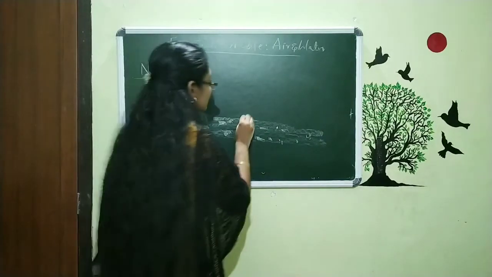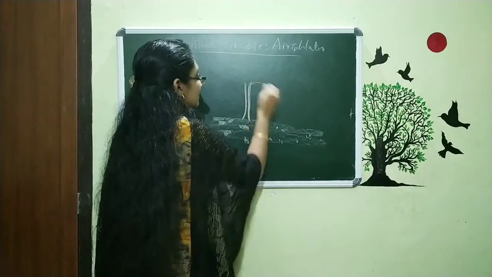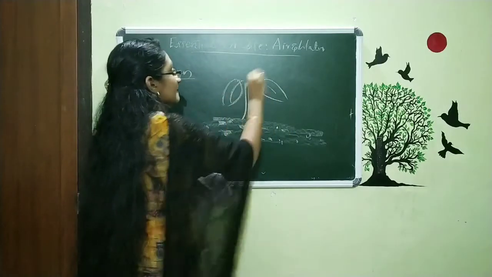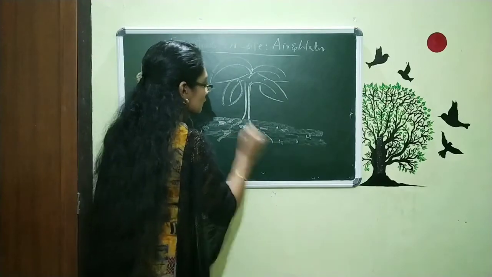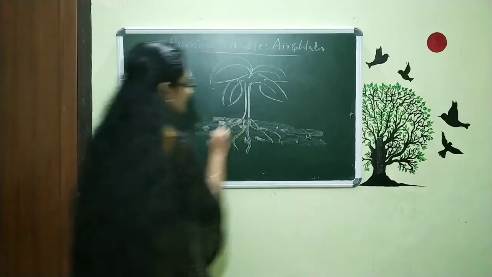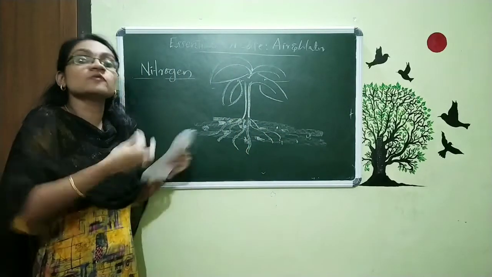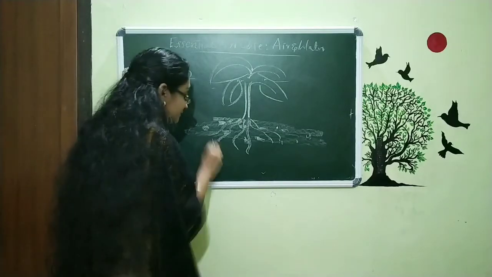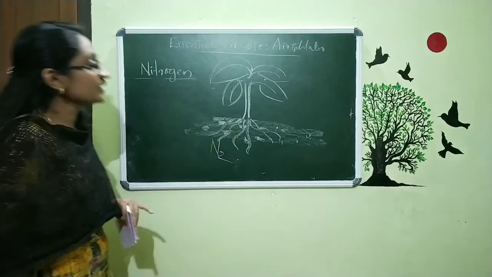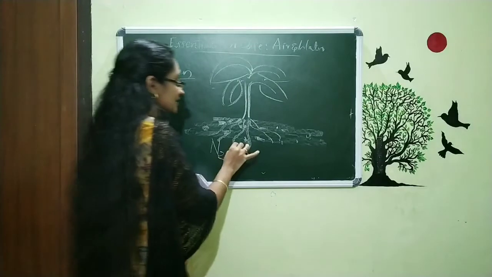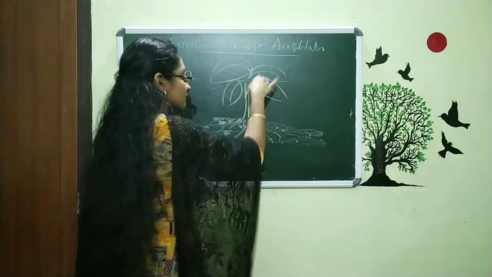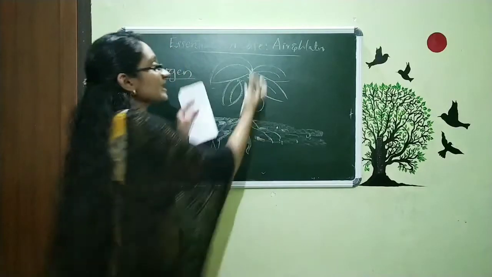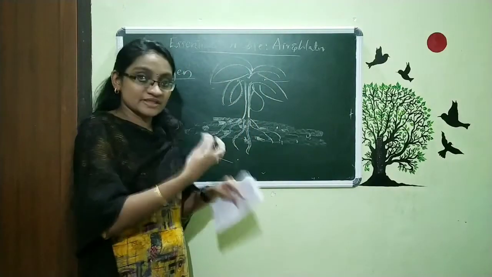Some plants are there in the soil, and the roots absorb what? Nitrogen from the soil, and that nitrogen goes to the leaves, the fruits and all, and we eat these and get it.